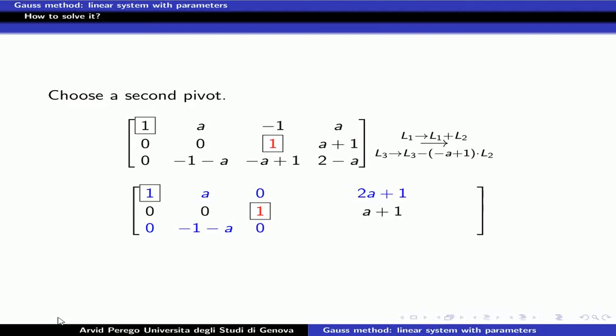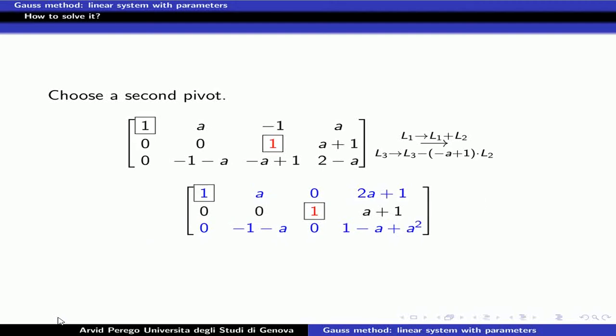And for the last entry you have 2 minus a minus a plus 1 times a plus 1. So now let's do the calculations for the last entry, and you get that the last entry is 1 minus a plus a squared. So this is the output of the second application of the Gauss algorithm.